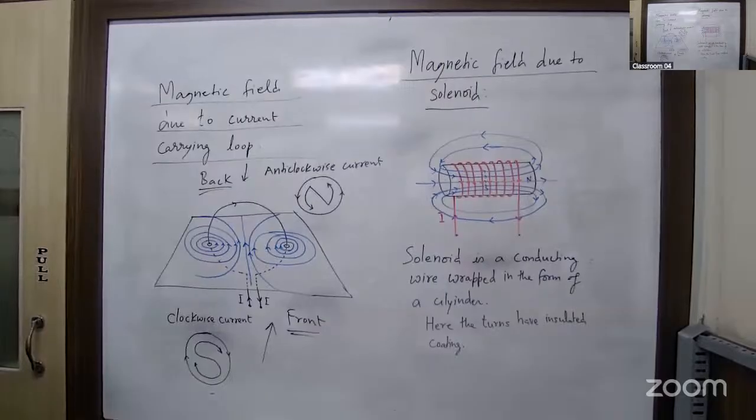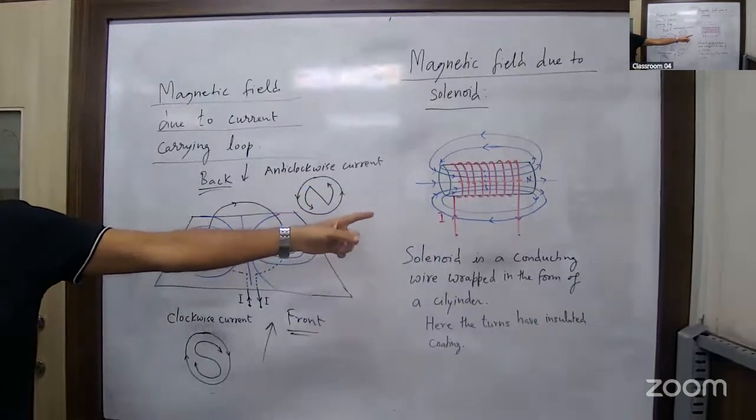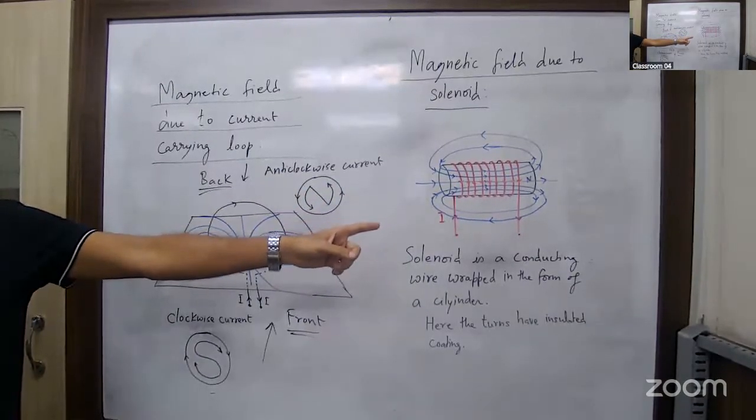Each loop is producing its own magnetic field, and all of them are getting added. So the more the number of turns, the stronger the field it will produce. Okay.